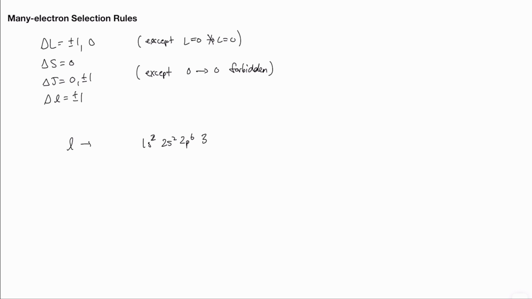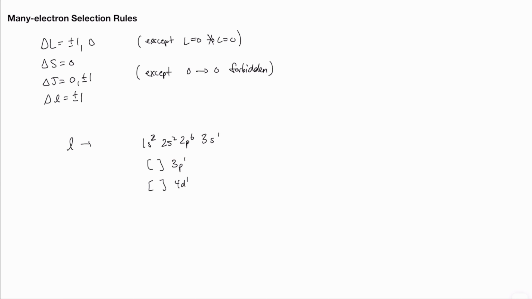And then you have something like 3s1, or the same thing and 3p1, or the same thing and 4d1, right? So in this case, you have basically a core, and then you have this outer valence electron that is doing all of the actual motion here. And so in this case, the little l here is just going to correspond to the angular momentum of this valence electron that's hanging out here.